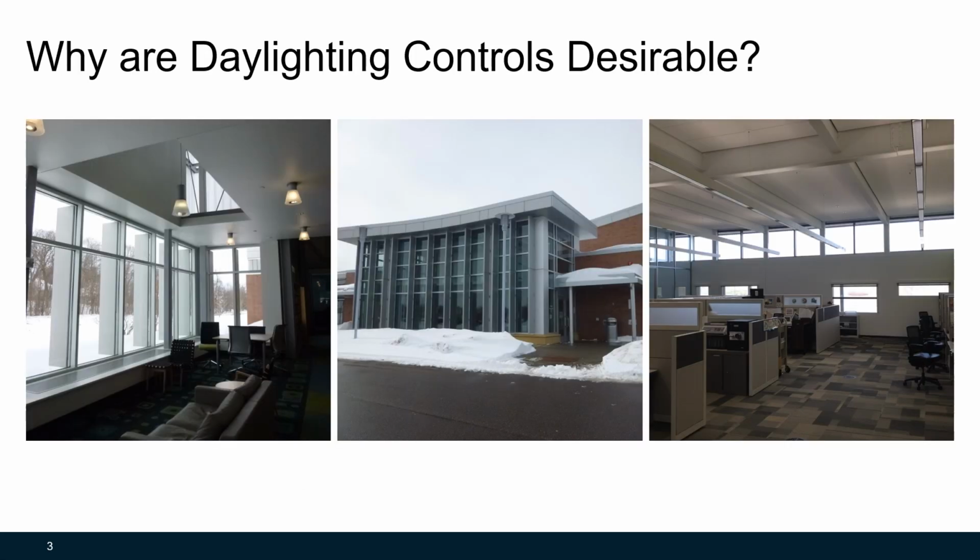You might wonder why controls that automatically reduce electric lighting in response to daylight is desirable. There are several reasons, with the most obvious being energy savings. Sustainable lighting design practices encourage the integration of daylighting into spaces where we live and work. Lighting affects how we feel, impacting things like mood and our ability to concentrate.